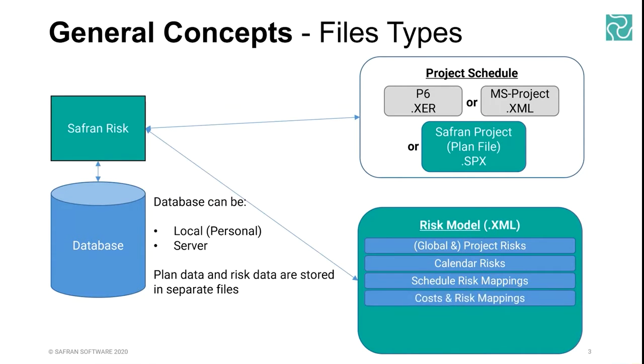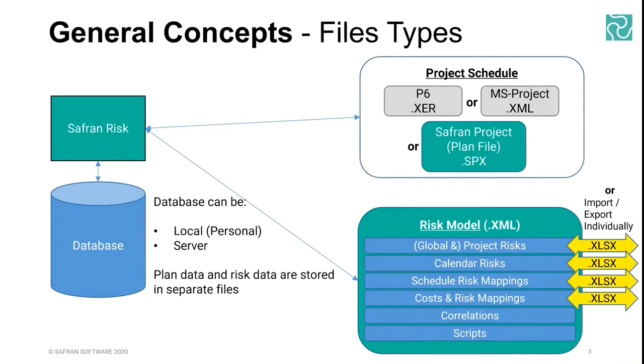Also similar risk register items mapped to your cost model, any correlations from the correlation matrix, and we've also got an advanced function called scripting. If you've written any scripts, then that will also form part of the risk model. But that's a fairly niche function, so it might not be something that any of you use, but it's a function that we have nonetheless, and it's captured inside the risk model.